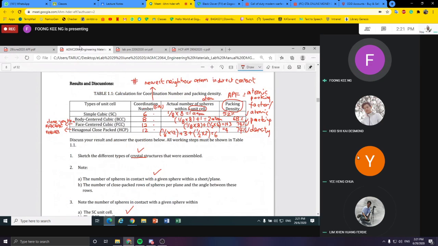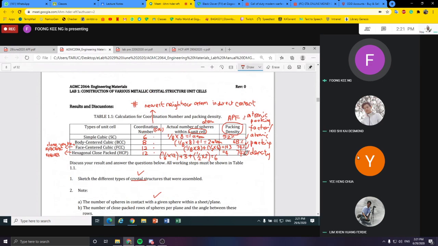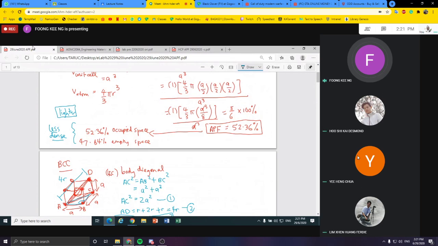More space is occupied by atoms. The more atoms, the more dense the material. Therefore, there is less unused space available. Agree? Okay.